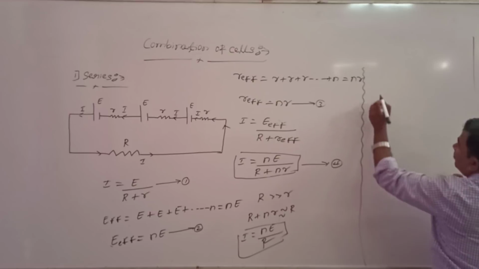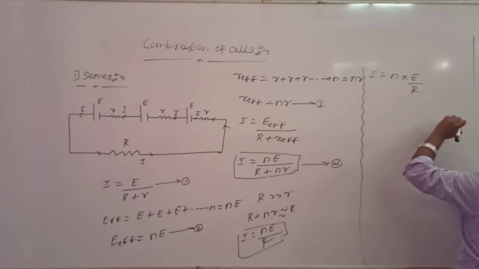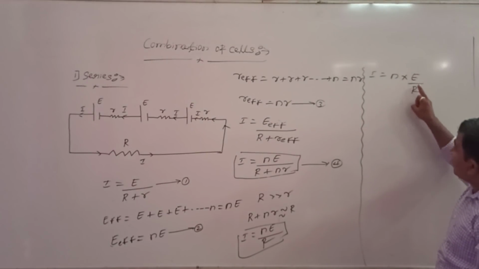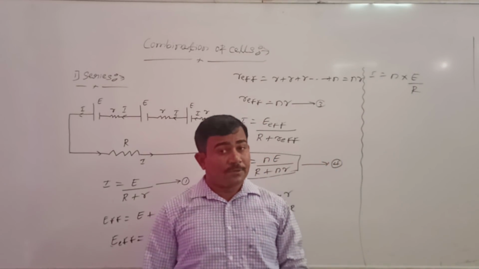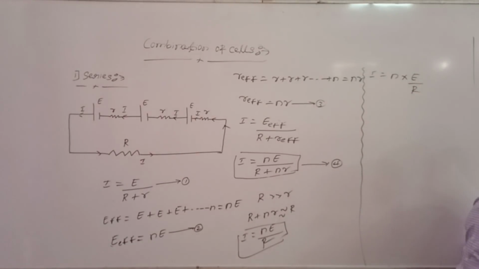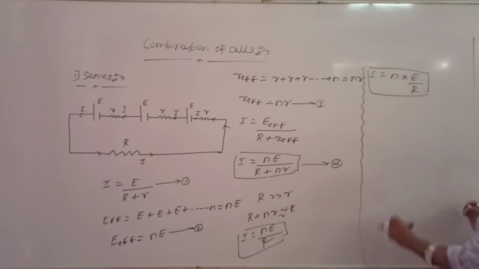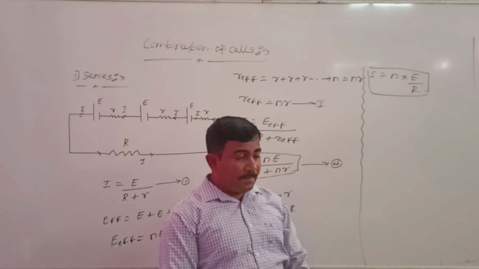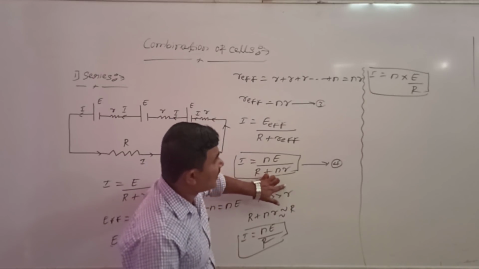Look at me here. The current I equal to n into E divided by R. What is n? Number of cells. What is E by R? E by R represents the current due to a single cell. So it is the current due to a single cell into the number of cells. I mean, to get the maximum current in series combination of cells, the external resistor must be very much greater than the internal resistor.